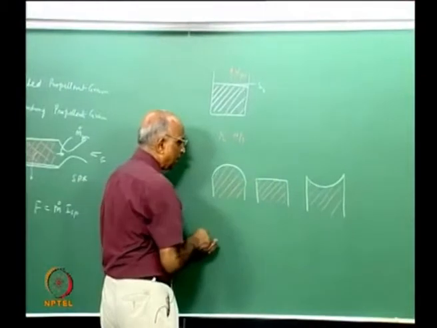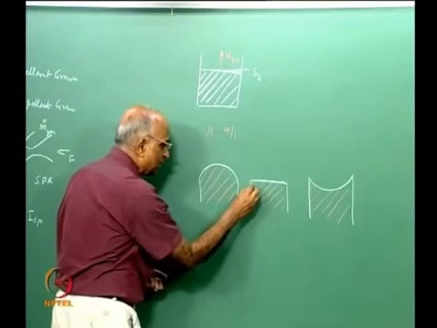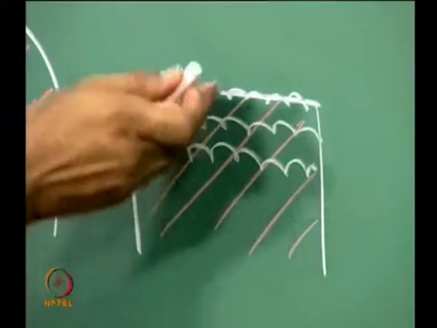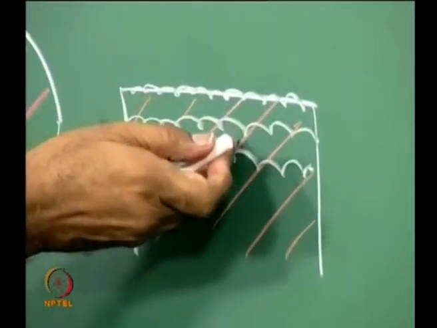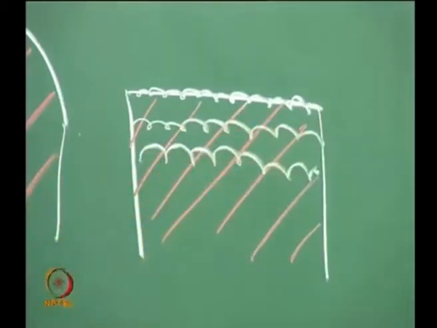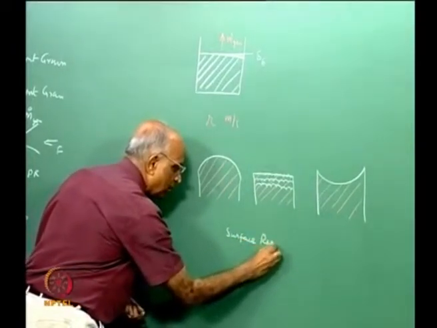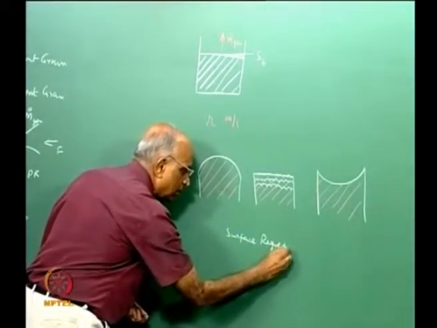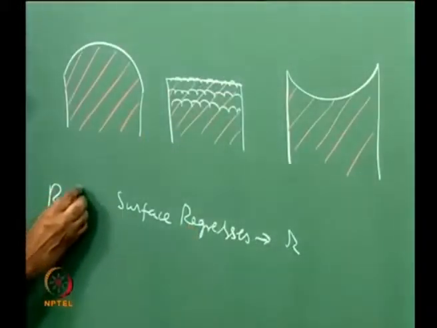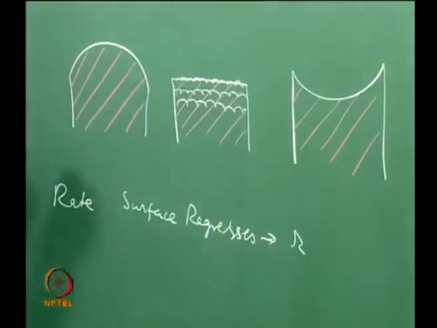When I start burning at the surface over here, at the next instant the flame comes over here, and then it comes over here. In other words, the burning progresses into the propellant. As it burns, it eats more and more, and the rate at which the surface regresses is what we call the burning rate. But it must be normal to the surface, and that is why I made these drawings.